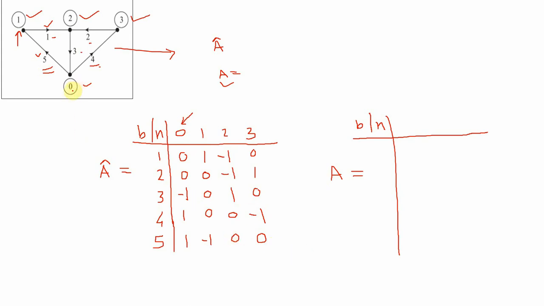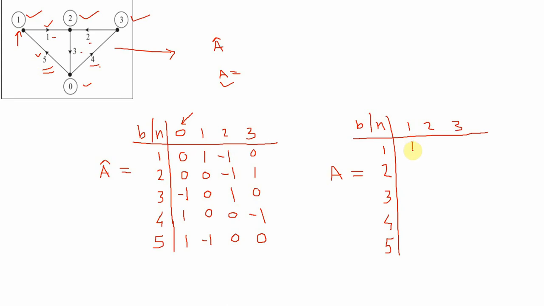We said that this is 0 and this is my reference node. So you just remove this one, then you can get the bus incidence matrix. So simply here I am going to write down 1, 2, 3, 4, 5, and I am going to remove this 0 column. So it will become 1, 2, 3, and I will write down the same matrix.